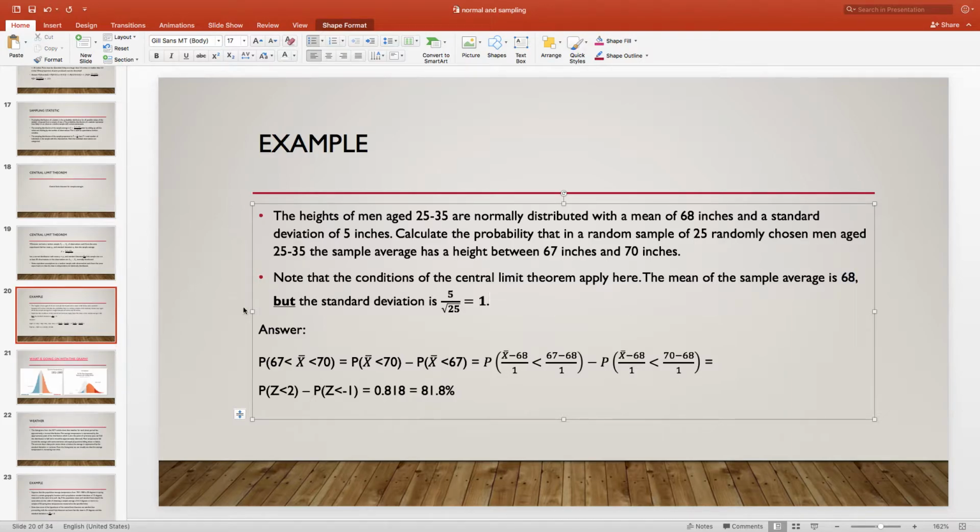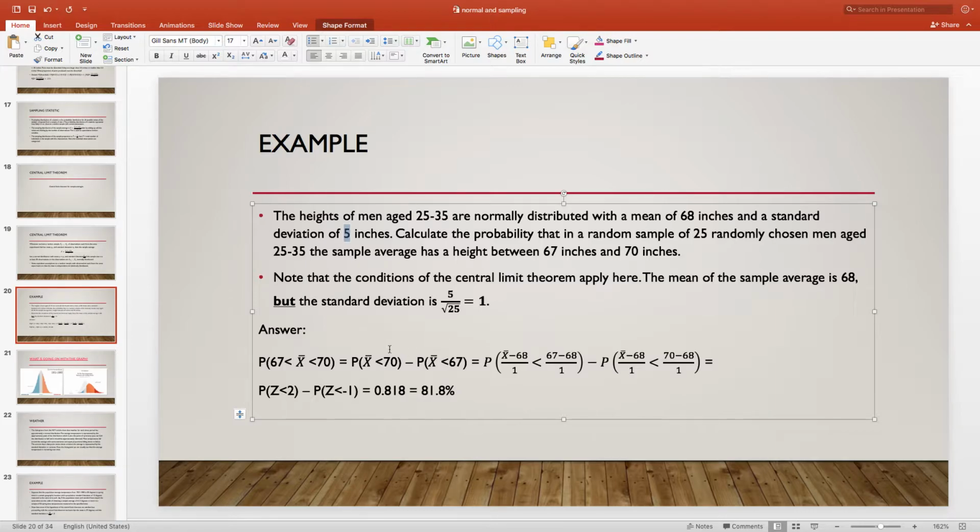But, very key here, the standard deviation has changed. The standard deviation was 5 inches, but the sample average has a standard deviation that takes this 5 inches and divides by the square root of n. n is 25, so I have 5 divided by the square root of 25, that's 1 inch.